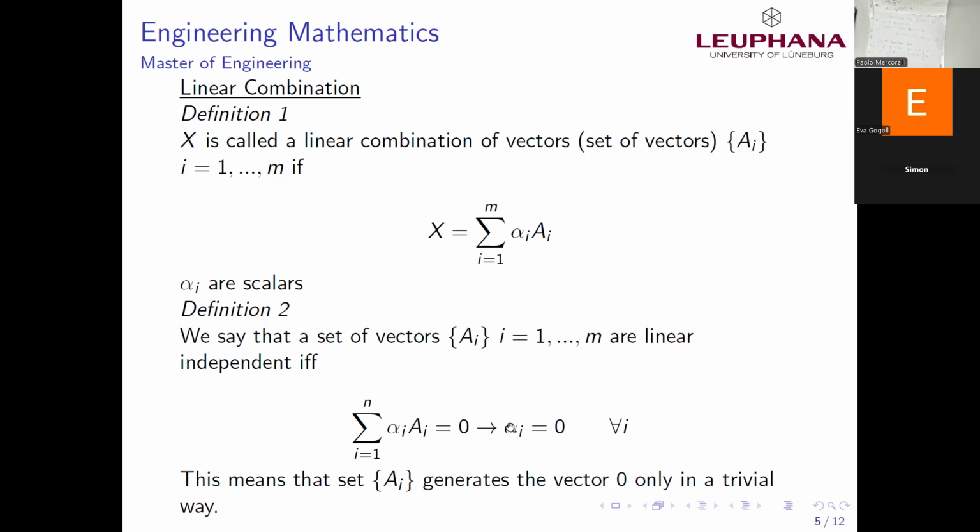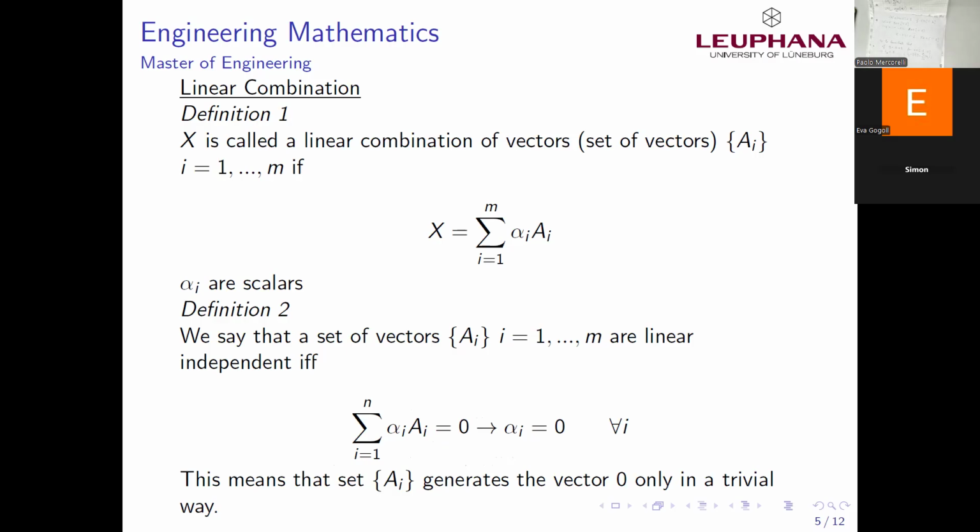We will make some considerations on this condition. Look, the condition says that the set of vectors is independent if the linear combination, my X, is equal to 0, but it must be equal to 0 only if all parameters alpha are 0. Very important consideration.